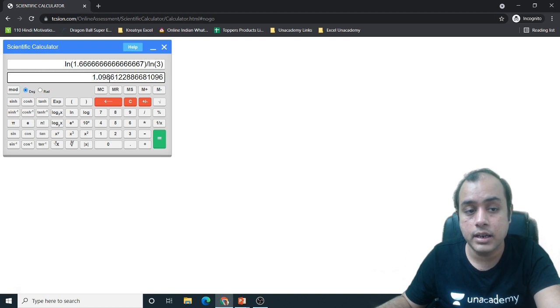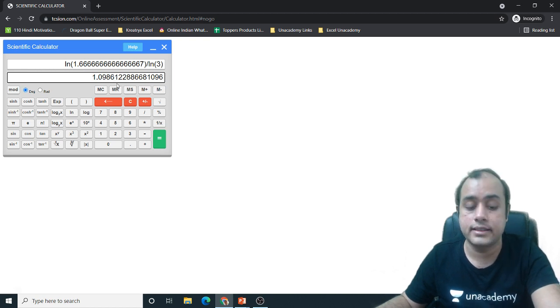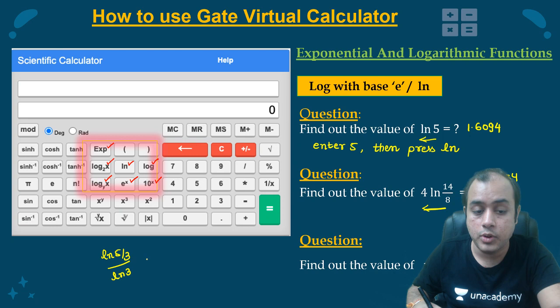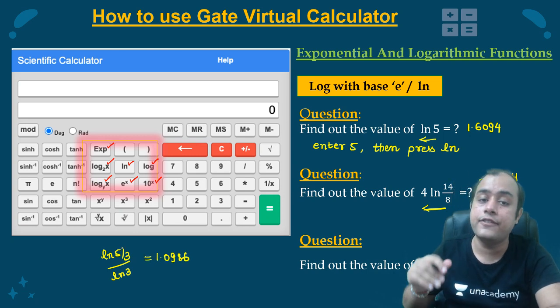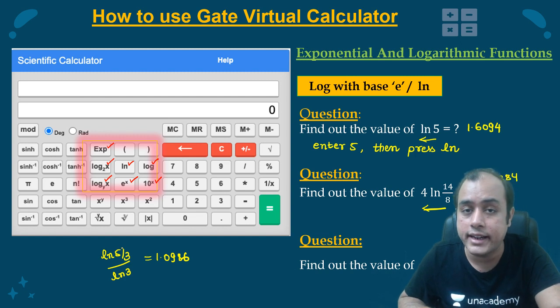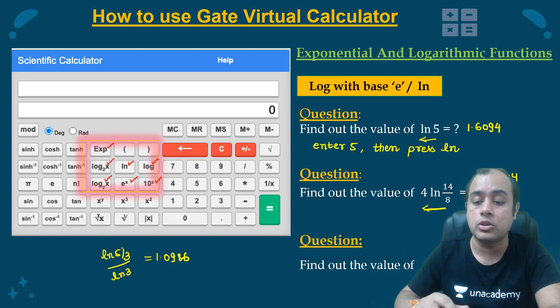So it is 1.0986. What I did is, first I fed 5 by 3 into the calculator. I evaluated log of it, then I divided it by log of 3.